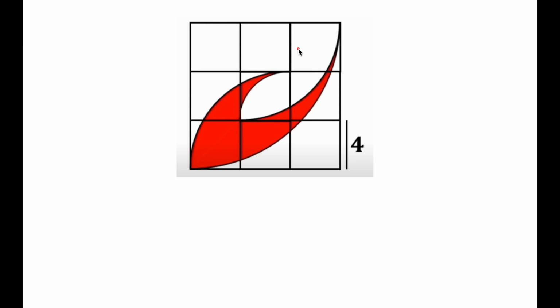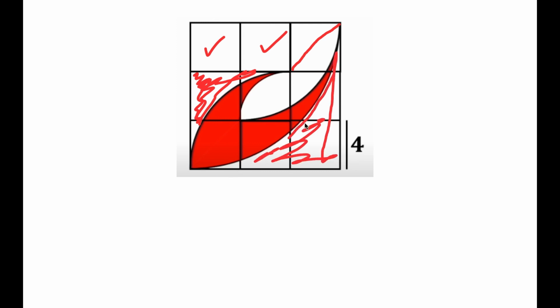To find the area of the white region, we have this whole cube, this half cube right here, and this region right here, another big region right here, and we also have this region right here, and finally this region right here.